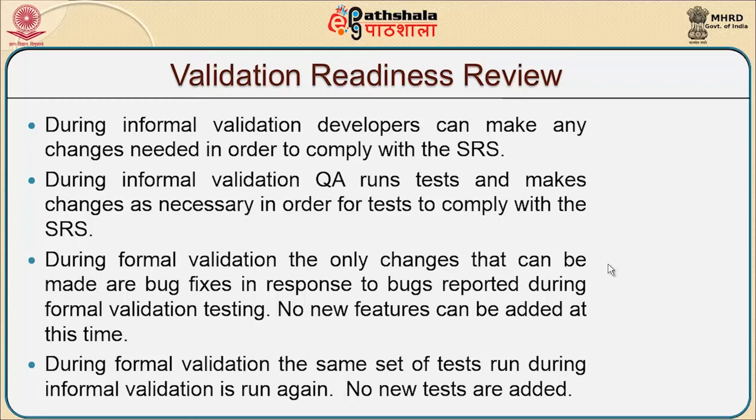Whereas, when we are performing a formal validation, the only changes that can be made are bug fixes, and these bug fixes will be in response to the bugs reported during the formal validation testing.